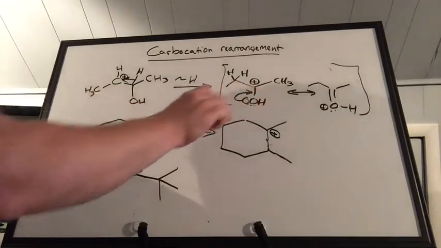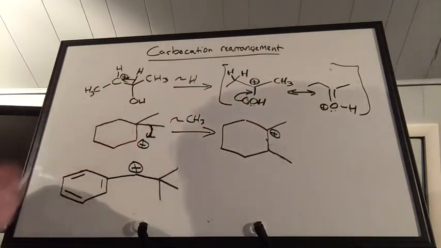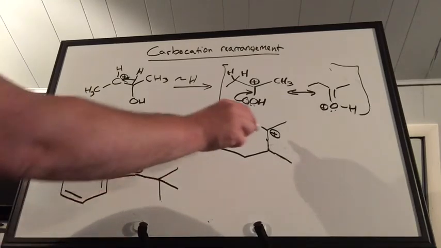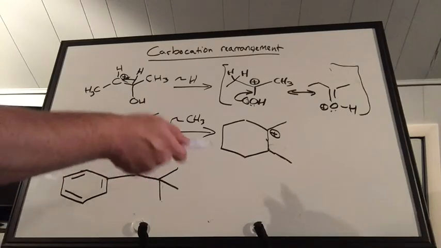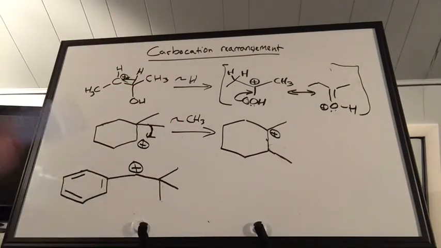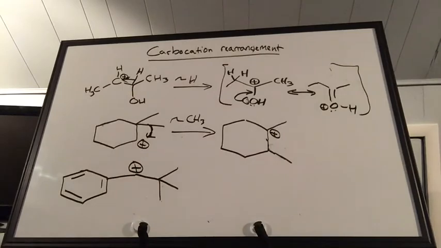Okay, but we want to make sure that that migration of charge is shifted over there to a more stable tertiary as opposed to secondary there on the left. There's no resonance forms or resonance contributors here because there's no lone pairs that can feed into the sp2 carbon.